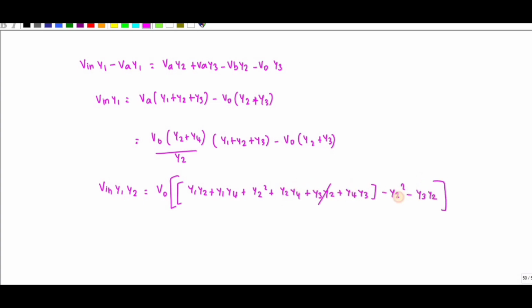So here Y3 Y2 gets cancelled out, Y2 square gets cancelled out. So I can write V0 by Vin is equal to Y1 Y2 divided by Y1 Y2 plus, taking Y4 common, Y4 (Y1 plus Y2 plus Y3). So this is nothing but H of S.